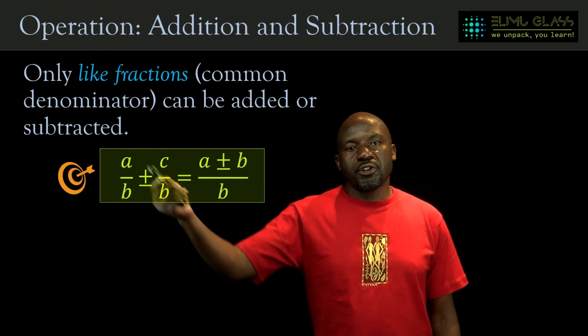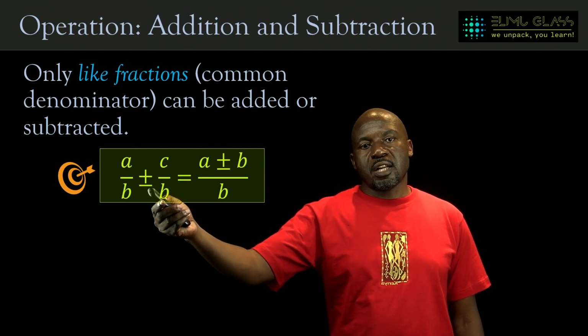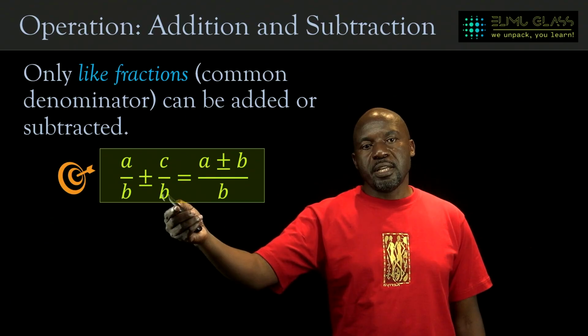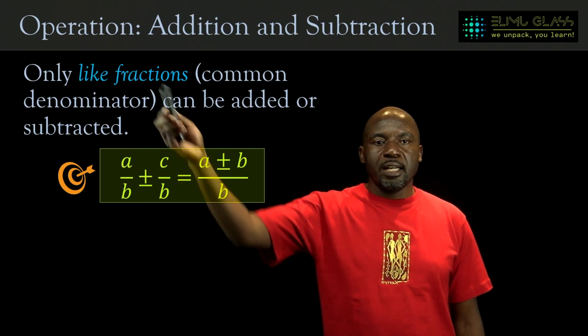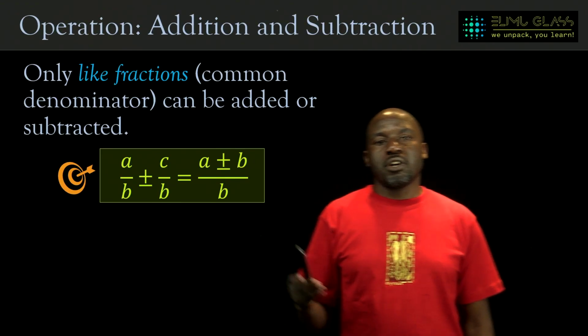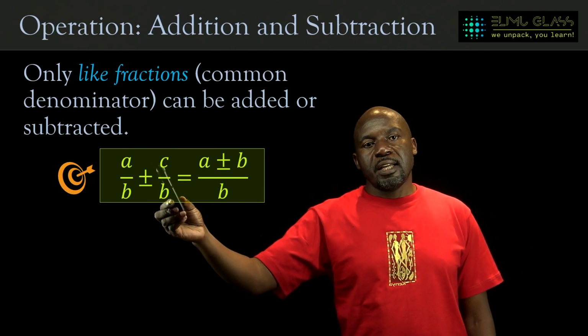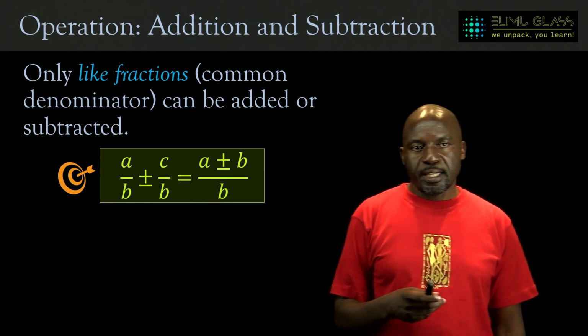if we have a fraction A over B and we want to add or subtract another fraction C over B, then this is easy because these two fractions are like. Their denominators are the same, and therefore they are like fractions. And so all we have to do is add A and C and divide by that common denominator there, right?